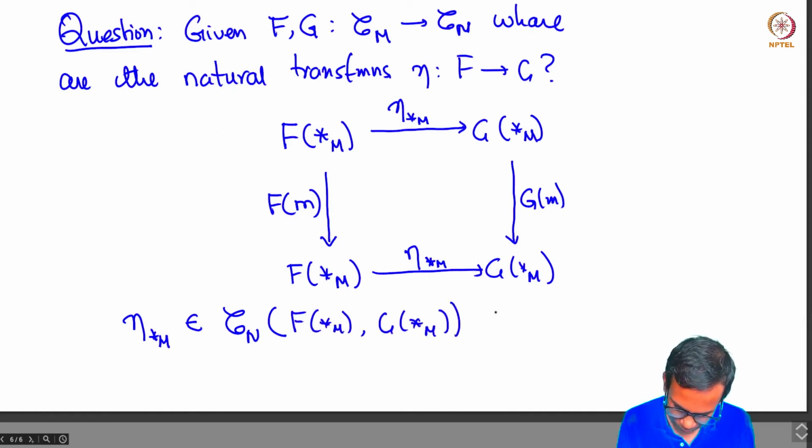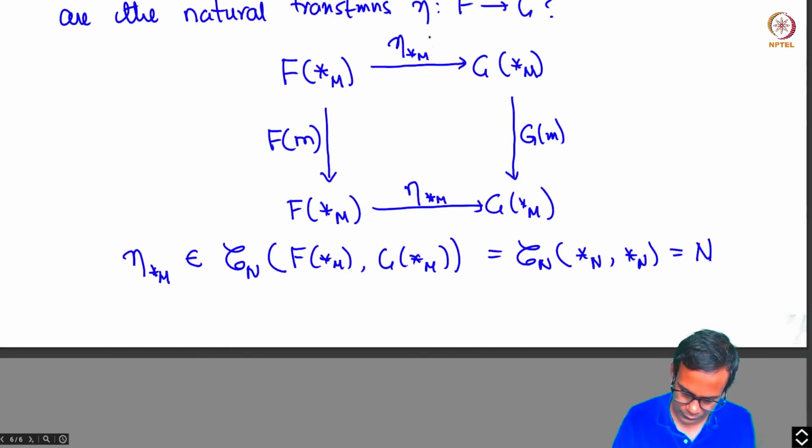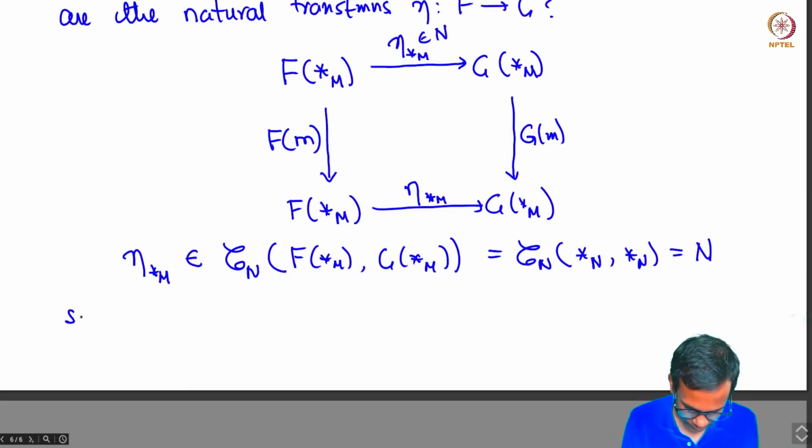But f star m and g star m both have to be in N, so in fact they have to be star n and star n. So eta star m is an element of n. Let's say eta star m is equal to n.